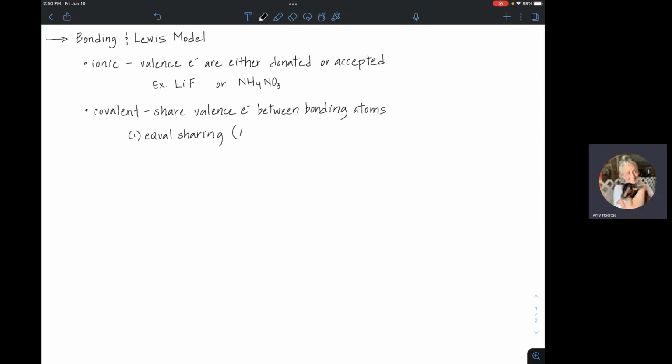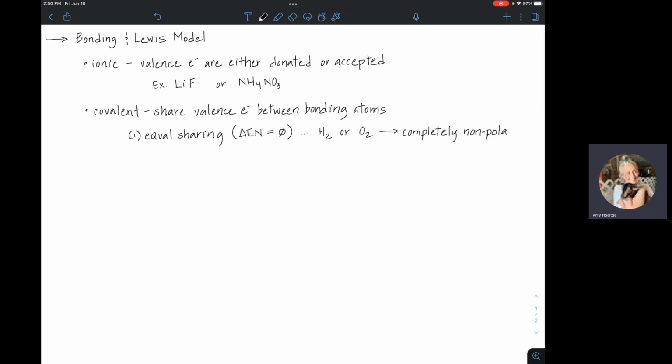So the difference in electronegativity between the bonding atoms is 0. So something like H2 or O2 or something like that. This would be considered totally nonpolar.